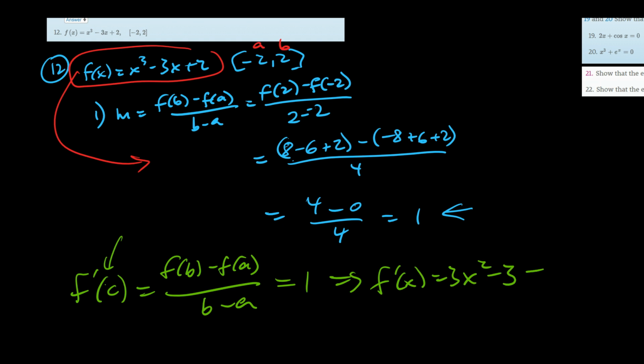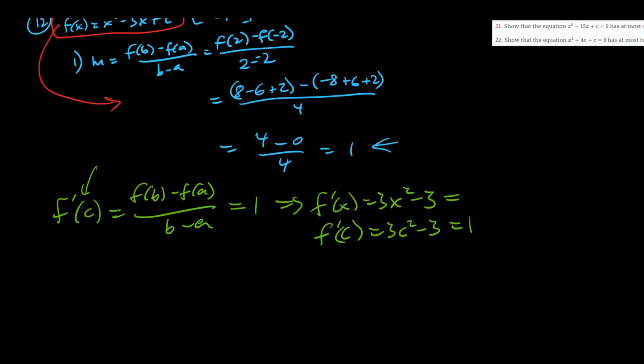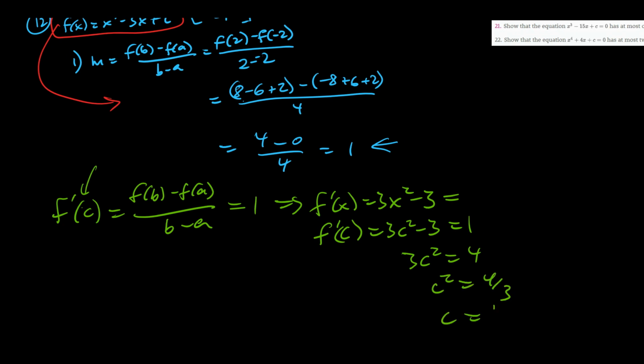I'm going to go ahead and put in the C. So f prime of C is 3c squared minus 3, and set that equal to 1. Now I solve for C. So when I do that, I get c squared is 4 over 3, so C is plus or minus 2 over square root of 3.